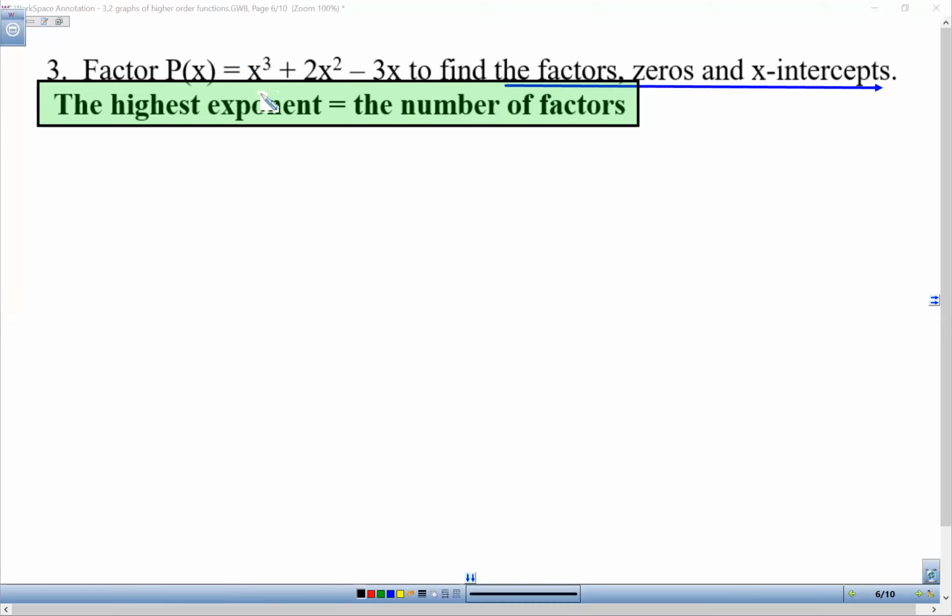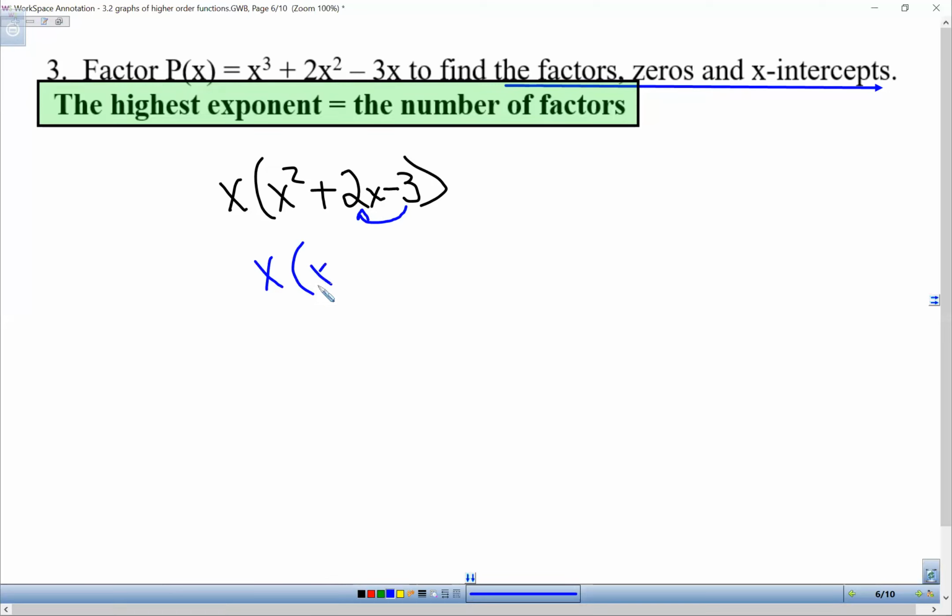So every term has an x, so I could factor out an x to begin with. And if we find the factors of 3 that add up to positive 2, you get x plus 3 and x minus 1. So these are our factors.